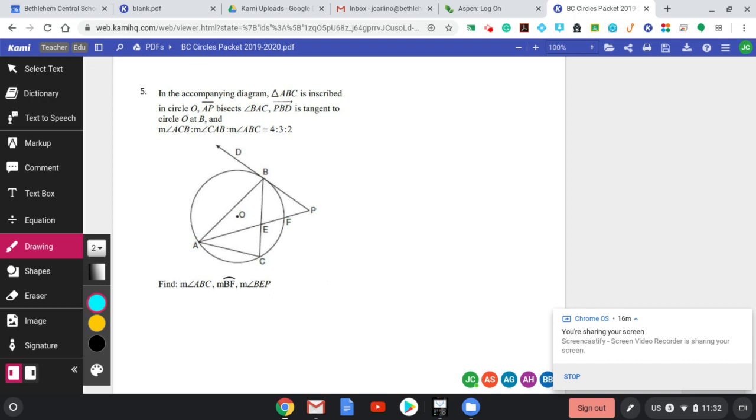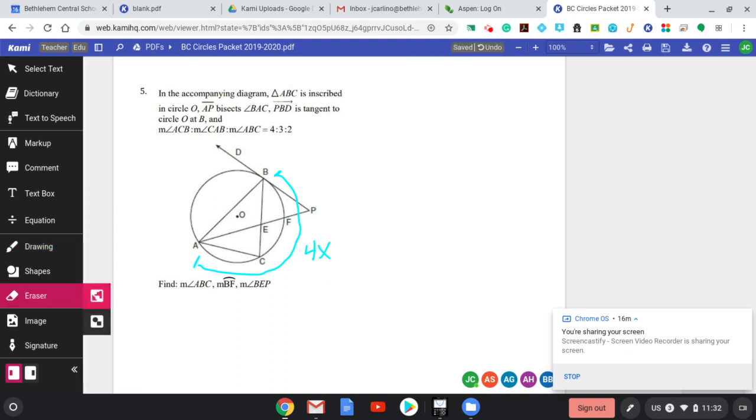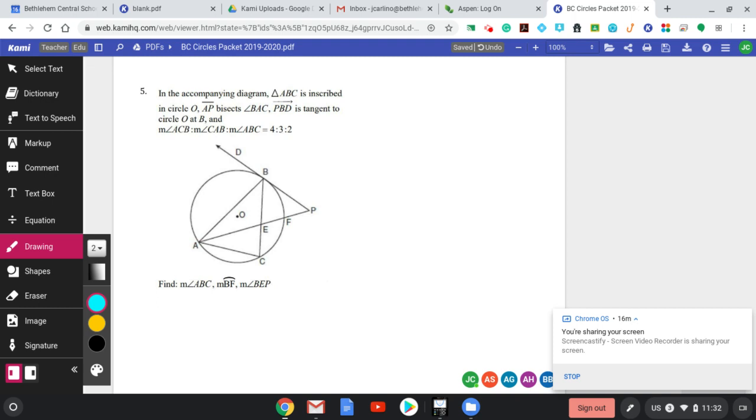Angle ACB is 4x. Oh, those are angles, not arcs. One job, boss. Come on, you're better than this. The angles. Got it. Angle ACB is 4x. Angle CAB, this whole angle right here, is 3x.